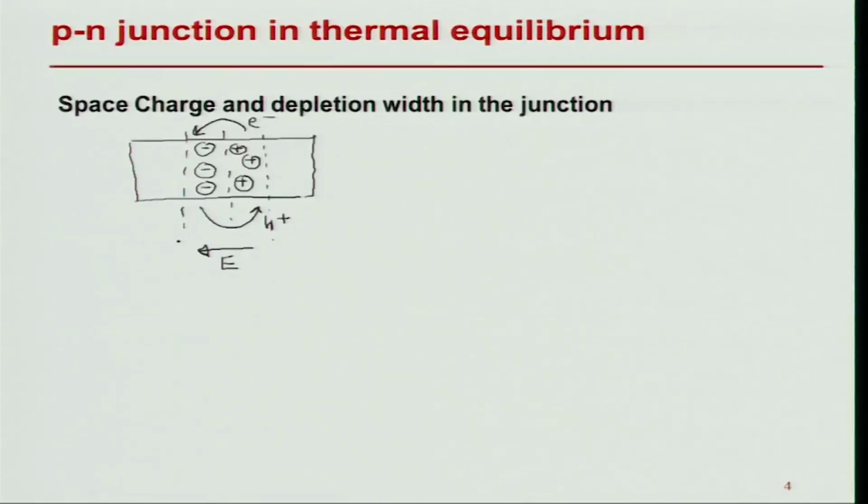The drift current due to the created field balances the diffusion current, and in this situation my purpose here is to figure out what is this width, and in order to calculate this width I make a further approximation, and that is known as the depletion approximation.